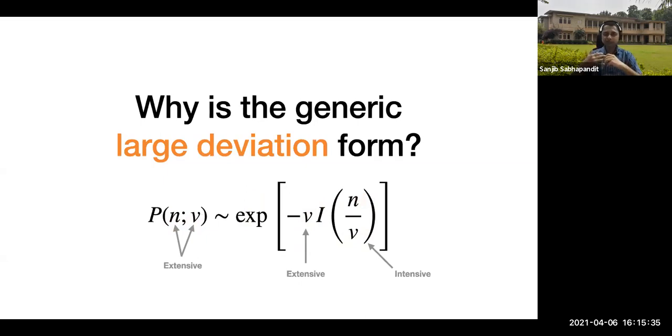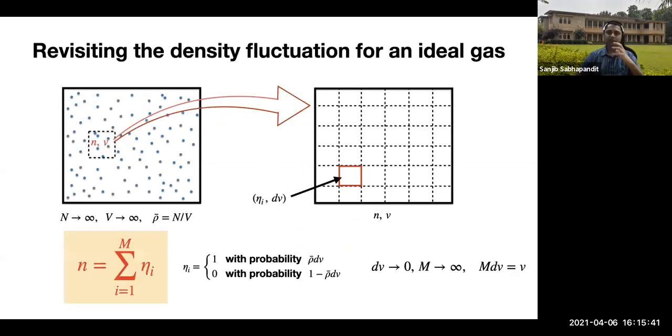So is this form generic, and if it is generic, where does it come from? To understand this, let's go back to the ideal gas, where the student was counting the number of particles within a small volume. Now let's look at this volume on a big scale.